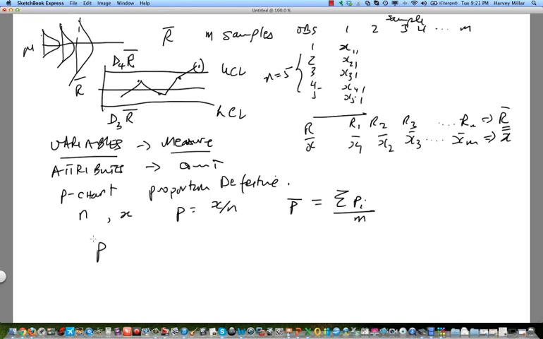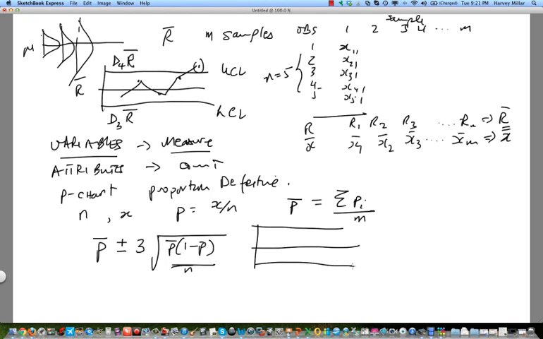And I'm sure you may recall this, which is a confidence interval for proportions from your statistics, p bar times 1 minus p bar over n, where that now gives us a set of control limits for controlling proportion defectives.